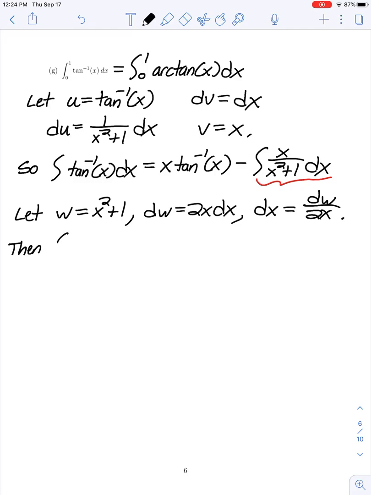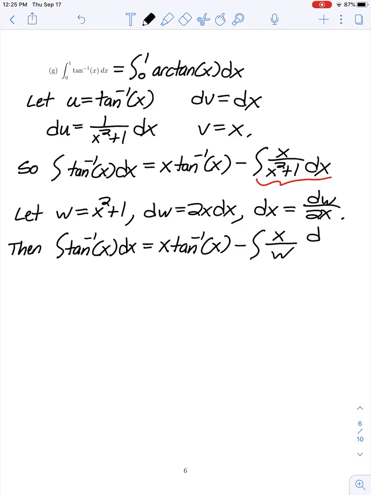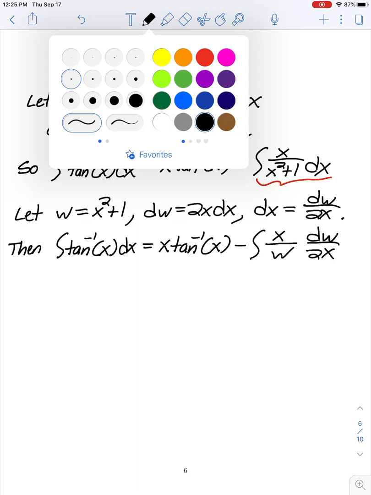Rewriting our integral in terms of w, let's see what we have. The integral of arctangent x dx is equal to x times arctangent of x minus the integral of x over w times dx, which was dw over 2x.